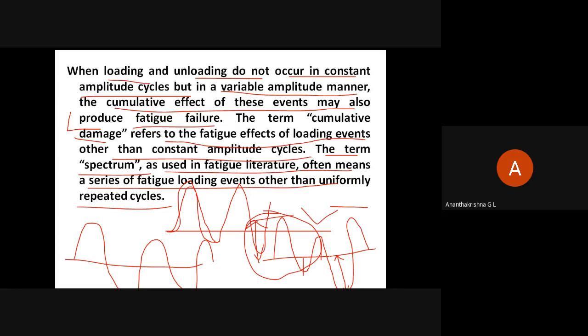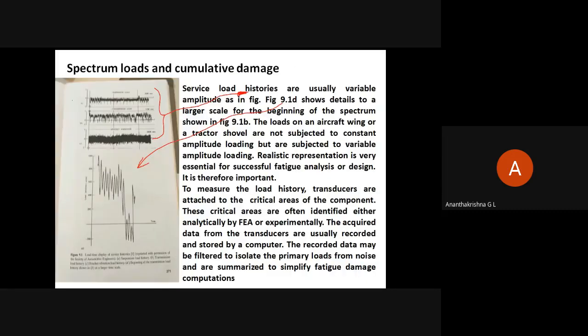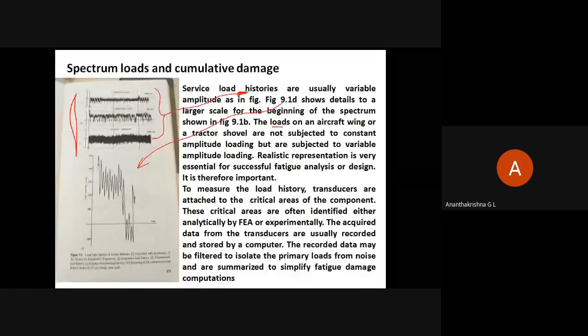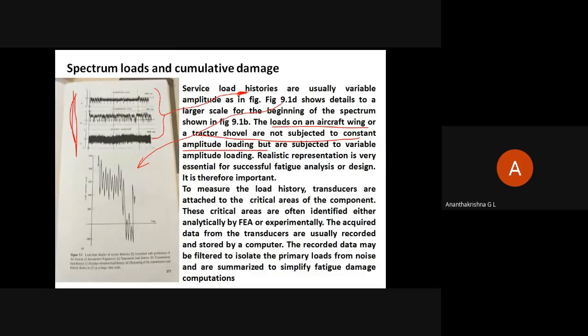If you look at the sketch over here, he has taken the example of loads on an aircraft or a tractor shovel, which are not subjected to constant amplitude loading. Even if you take a lathe machine or a drilling machine and place accelerometers near the spindle of the lathe machine and extract the vibration, it will be something like this.